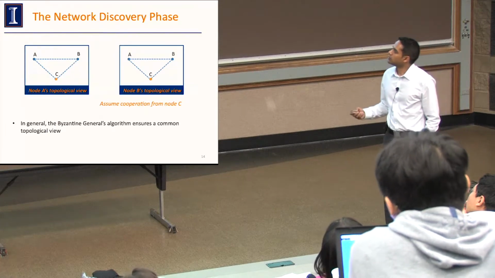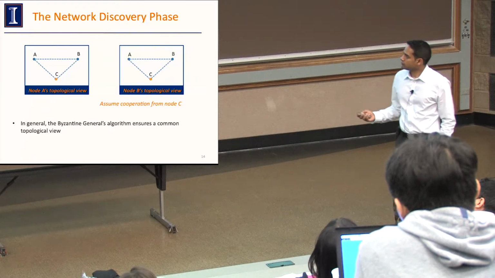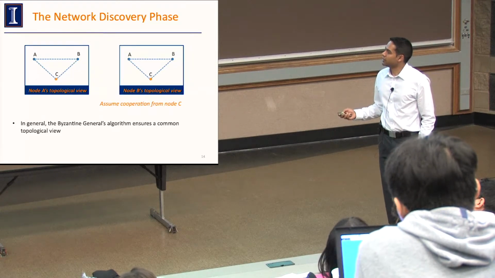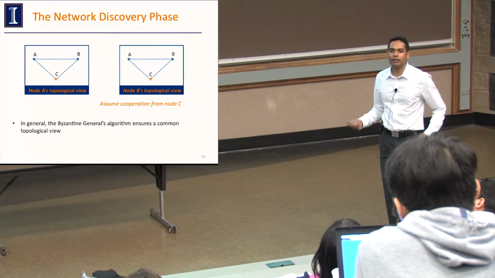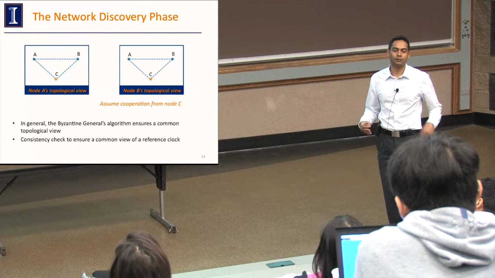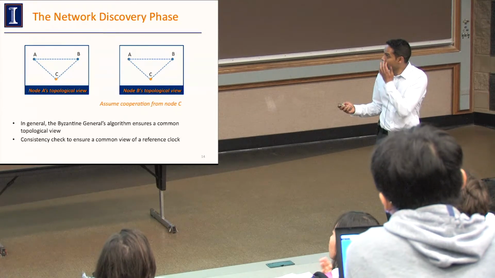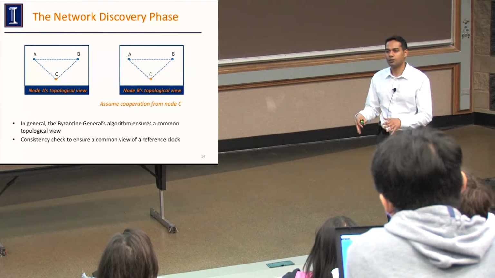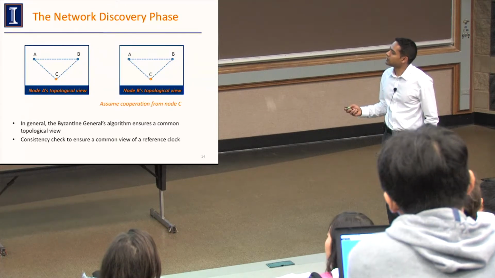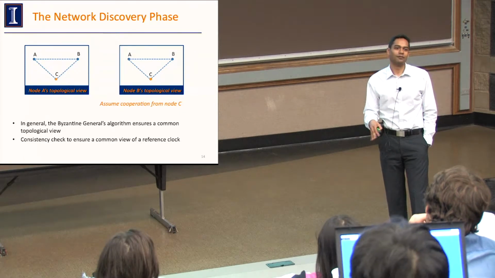Okay, so in the network discovery phase, nodes A and B try to come to a common view of the network topology. So they exchange lists of neighbors with each other and infer a network topology. And the key idea here is that they have to have the same view of the network topology.